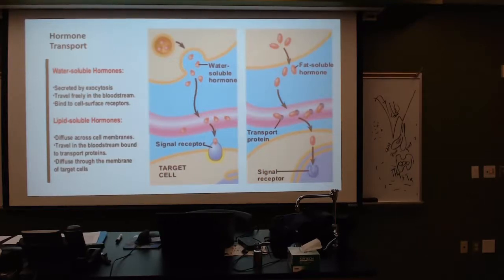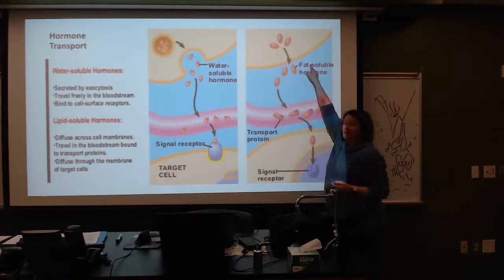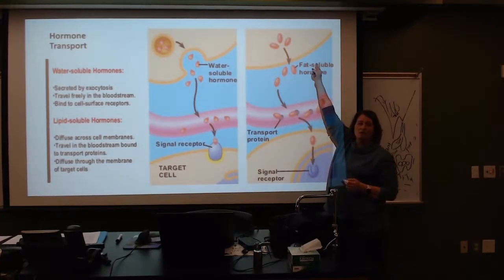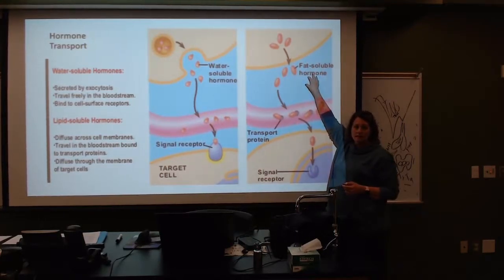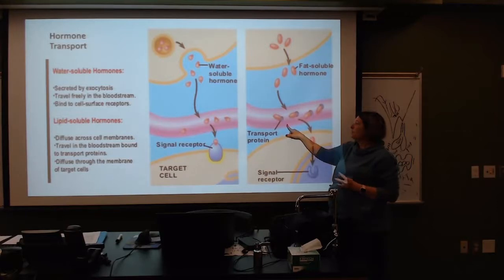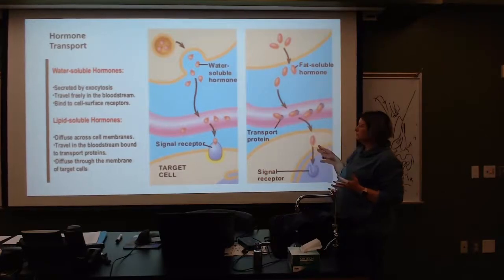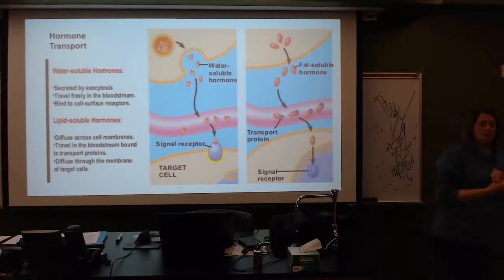So, here's what's going to happen. With hormones, they're either going to be considered water soluble or lipid soluble. If the cell that produces a lipid-soluble hormone releases this product and it has to go into the bloodstream, which it will, what do you see happening in the bloodstream?